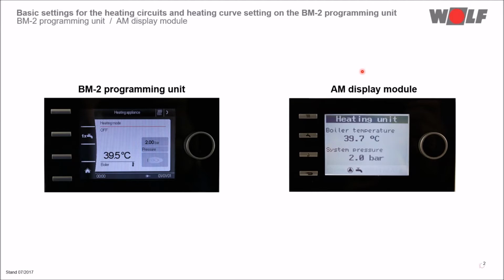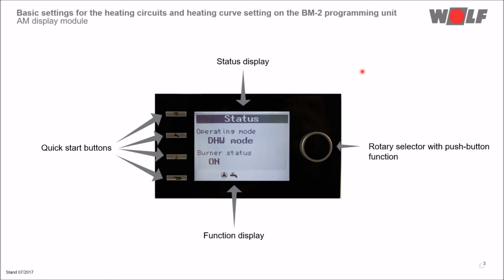Now let's look more closely at the display module. At the top you can see the status display and at the bottom the different functions. In this case, the heating appliance is in domestic hot water. The 4 printed quick start keys are on the left.